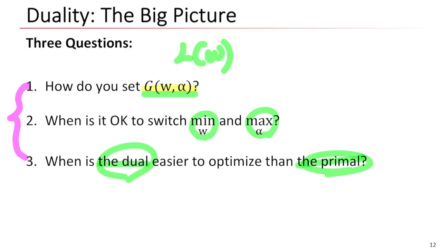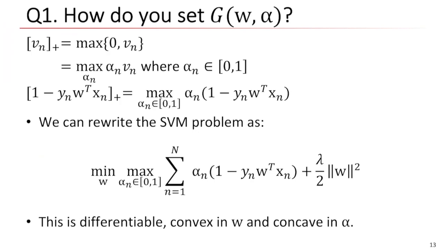First of all, the first question was how do we set the G(W, alpha)? Before that, let's define a new function first. Okay, let's say that the bracket Vn plus is equal to the maximum of 0 and Vn, right?